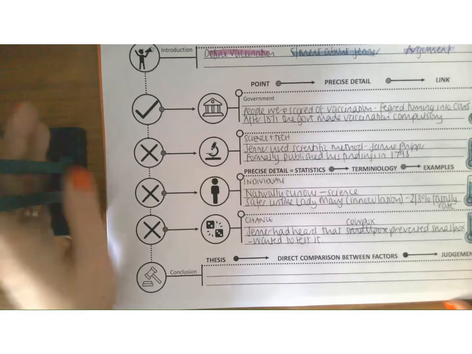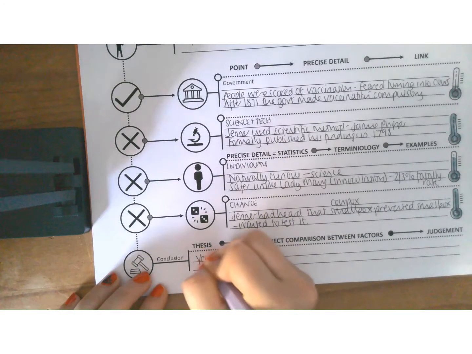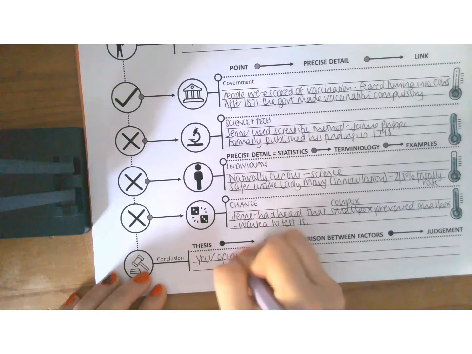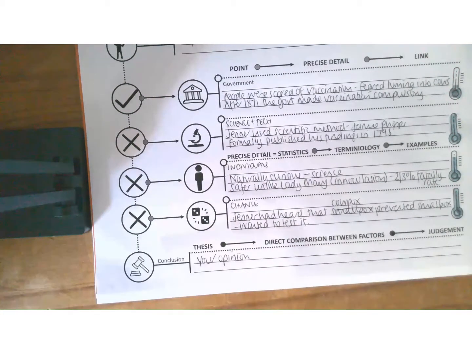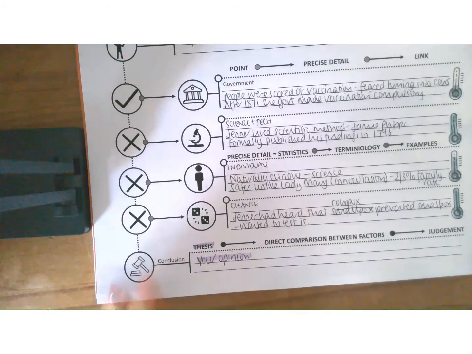If we go down to our conclusion, what we're going to try and do is give our opinion. That is our thesis, our argument, what we think. That's what we start that sentence with. Okay, so in the same way that we ended our introduction with our opinion, we need to start our conclusion with our opinion.